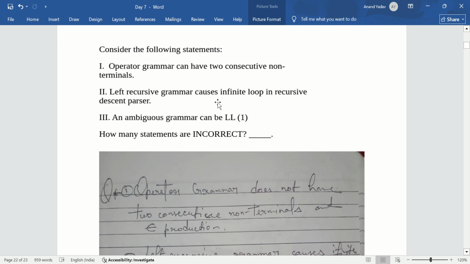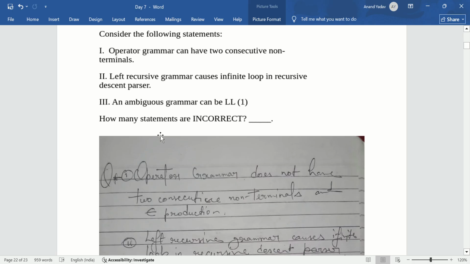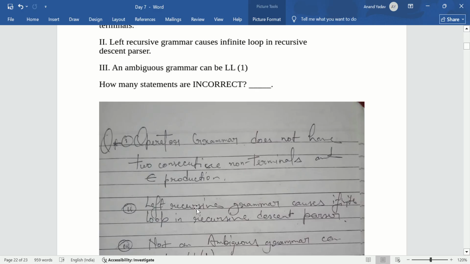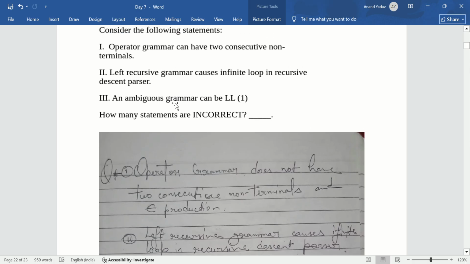Left recursive grammar causes an infinite loop in a recursive descent parser. Yes, this is true. And ambiguous grammar can be LL1? No, this is wrong. Ambiguous grammar cannot be LL1.